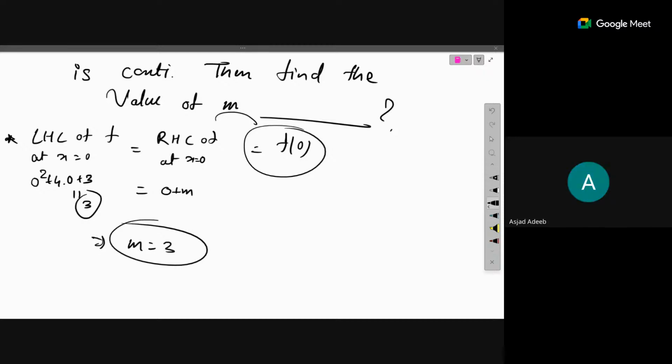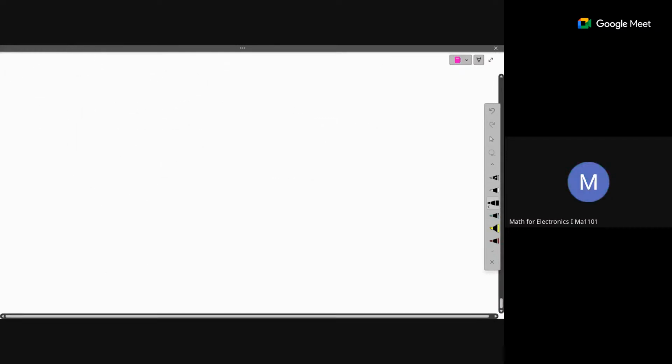Ma'am, if a sequence is bounded above and below, then can we find the exact bound value? Yes, those two particular numbers are known as the supremum and infimum of that sequence.